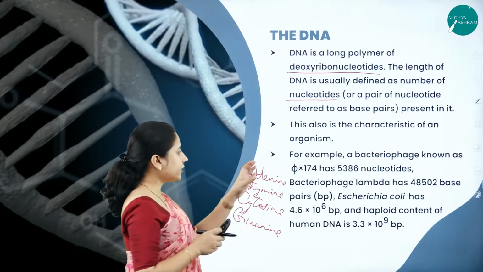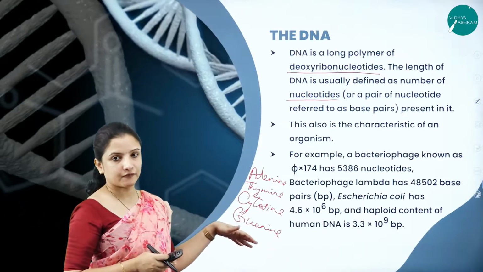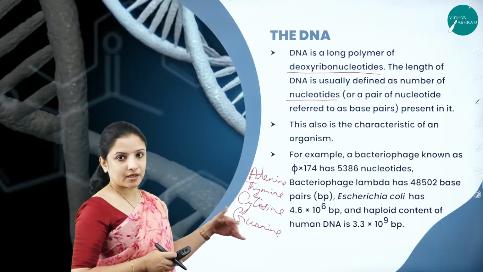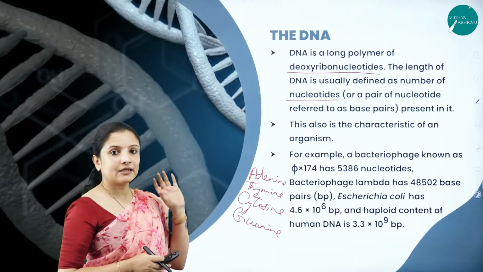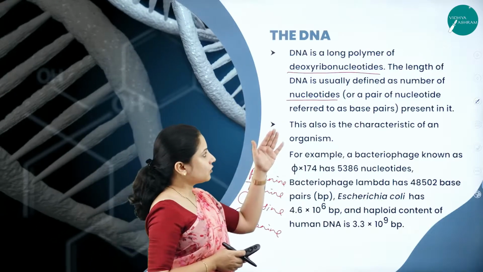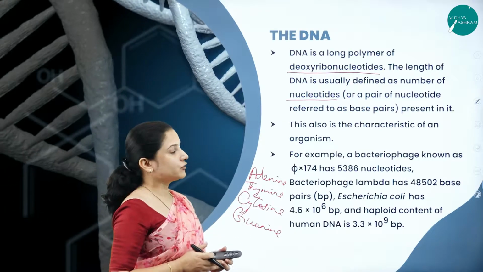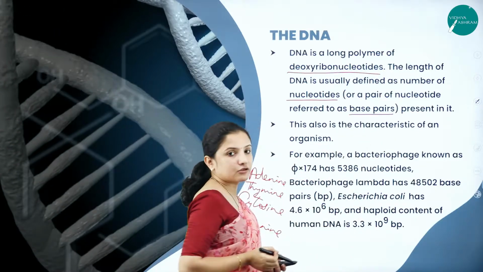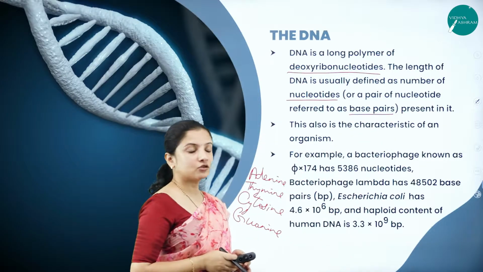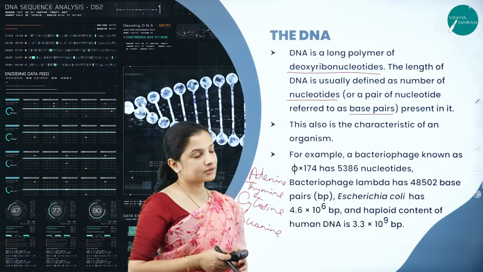How many nucleotides the DNA is made up of, based on that counting, we can find the length of the DNA. Or, a pair of nucleotides is referred to as a base pair. So how many pairs of nucleotides are present? Based on that also, the length of the DNA is calculated.